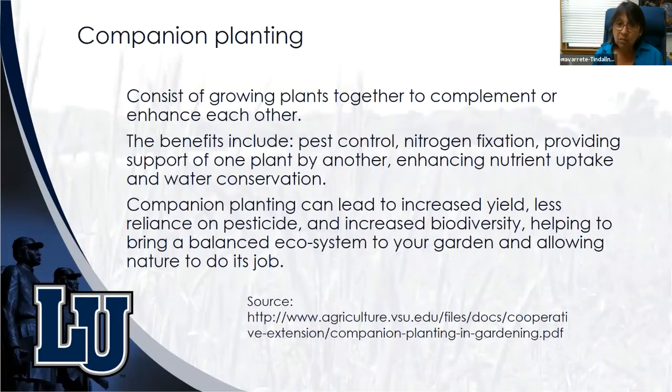They can provide support to the plant. In the case of corn, it can be support for other plants. So in general, they help each other. They also help in water conservation. They help to control weeds too. And in general, they help to increase yield and increase diversity.